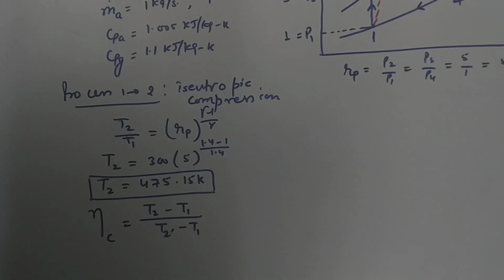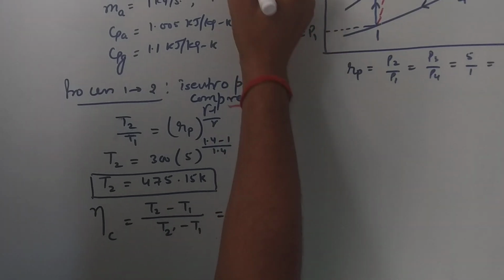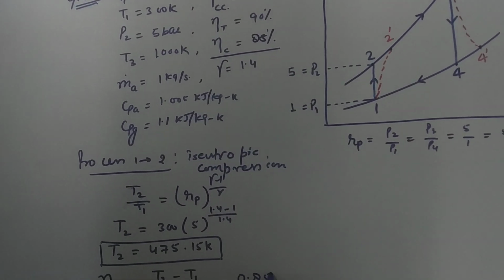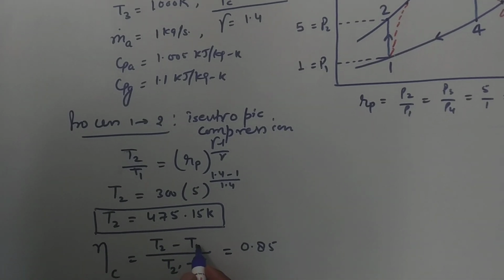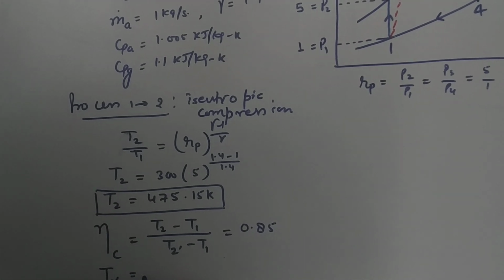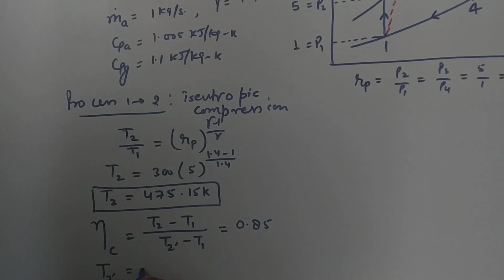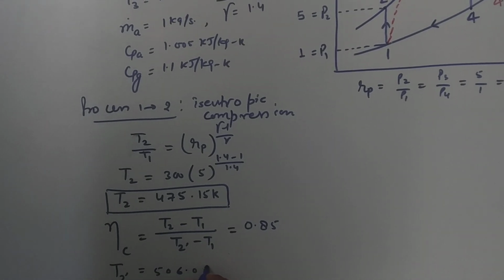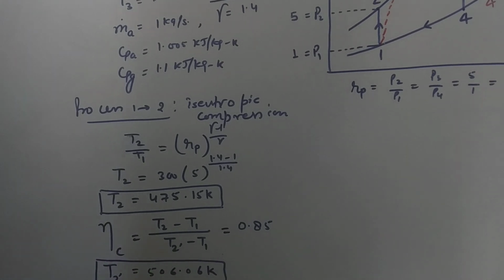The compressor efficiency is given as 85%, so it is 0.85. Put the values of T2 and T1, and you will get T2 dash equal to 506.06 Kelvin.